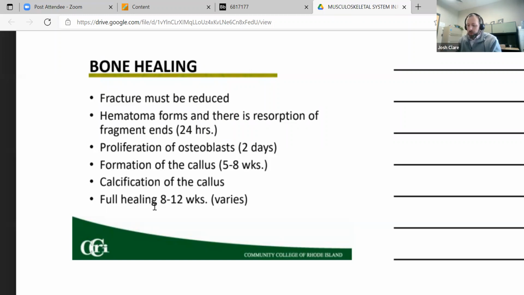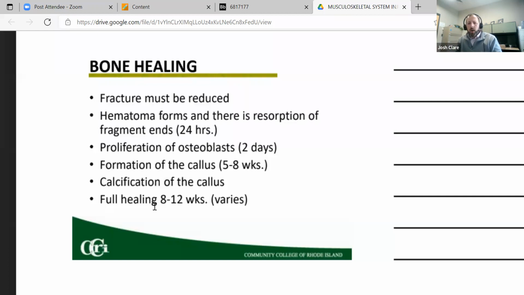So in the first 24 hours, osteoclasts, then osteoblasts begin to build. Because we are taking the ends of the fractures, if we were to take an x-ray right after a fracture, sometimes it's tough to tell. If we waited 24 hours, because the osteoclasts are taking in those fragment ends, it's going to be much more pronounced after 24 hours than at hour 1.